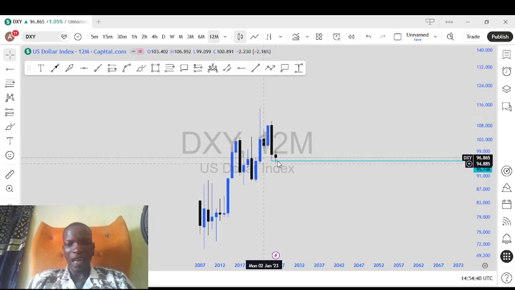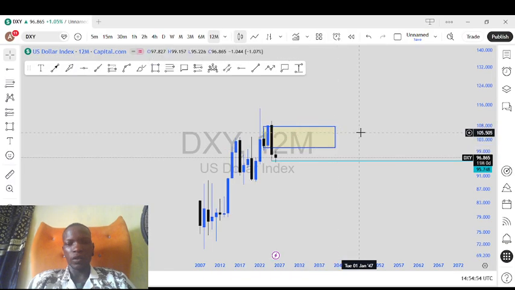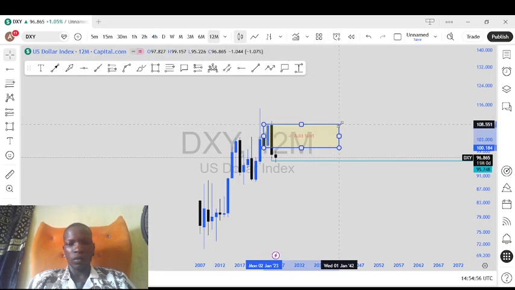Although the candle has not closed yet, we still expect the market to push up, either to this supply zone. So that means we expect more buys to this supply zone.